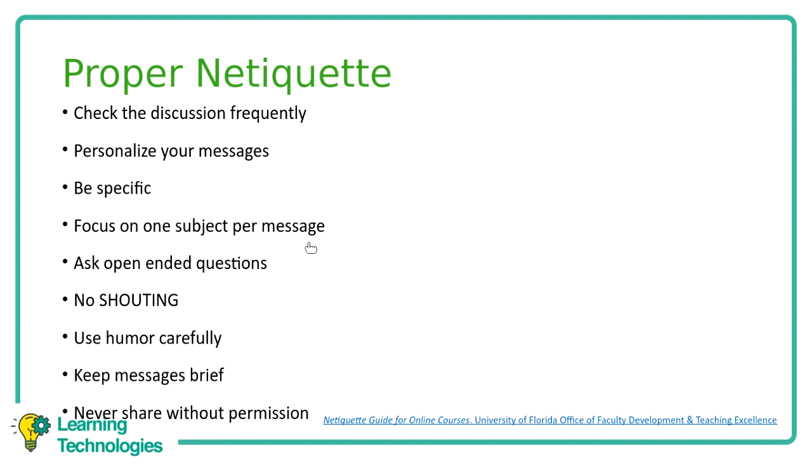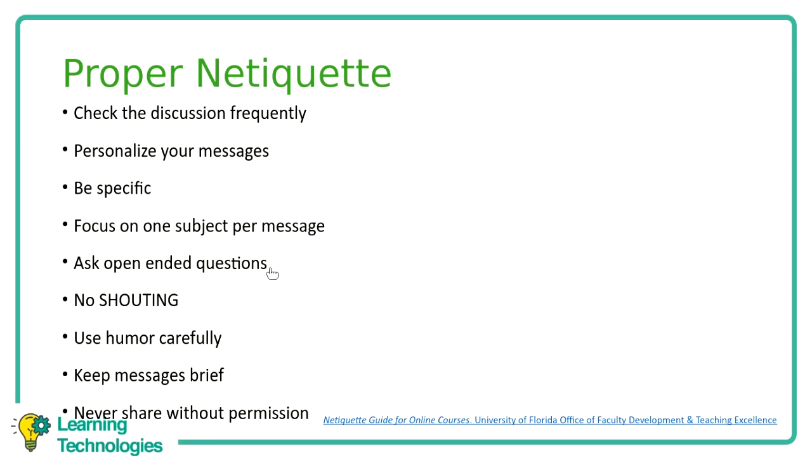And if you do want to reply to, for example, 3 things that they brought up, a better option would be to provide 3 different messages, because that provides an opportunity for others to also reply to your individual messages. Open-ended questions are the way to go in terms of using discussions.